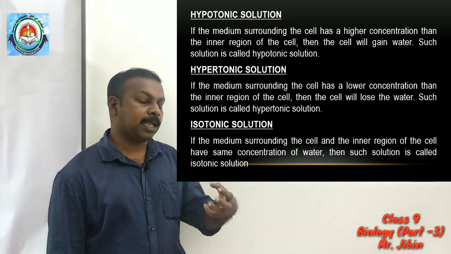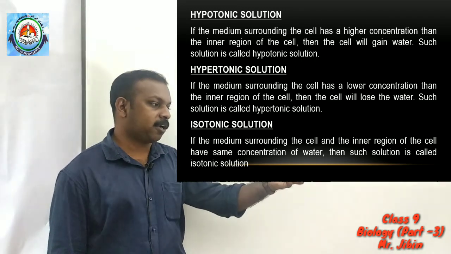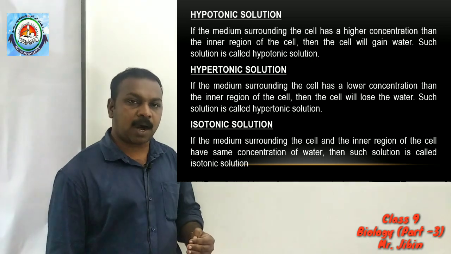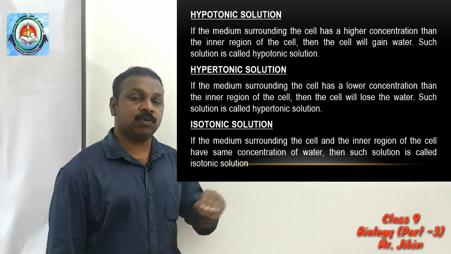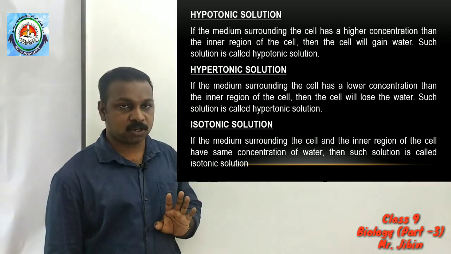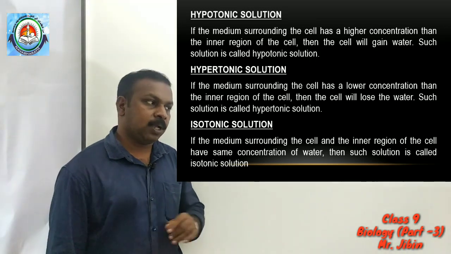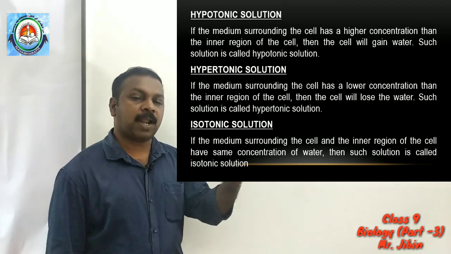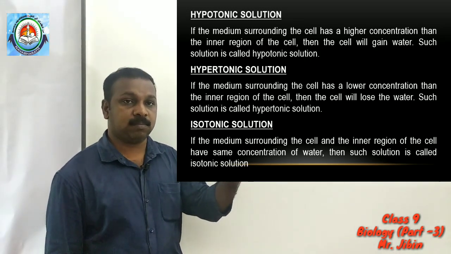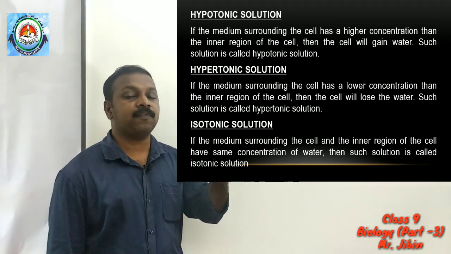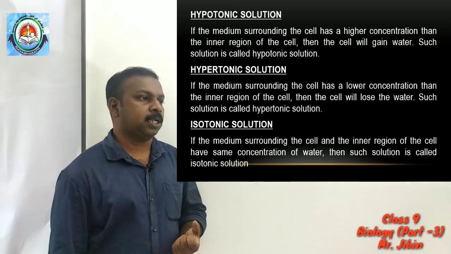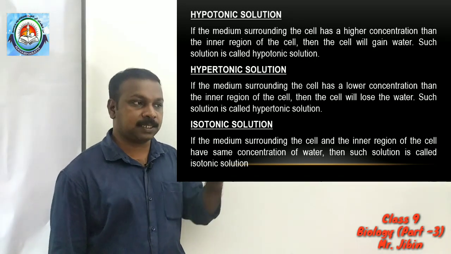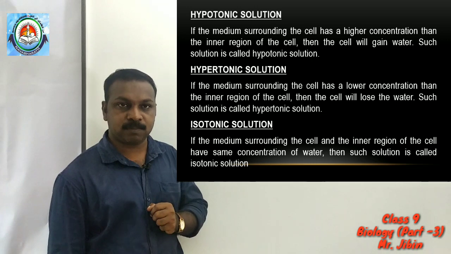Then automatically the water molecules move out from the highly concentrated region to the outer region where water molecules are lower concentrated. So this plant cell shrinks. It causes shrinking of the cell. One example: we keep mangoes in salt solution, right?